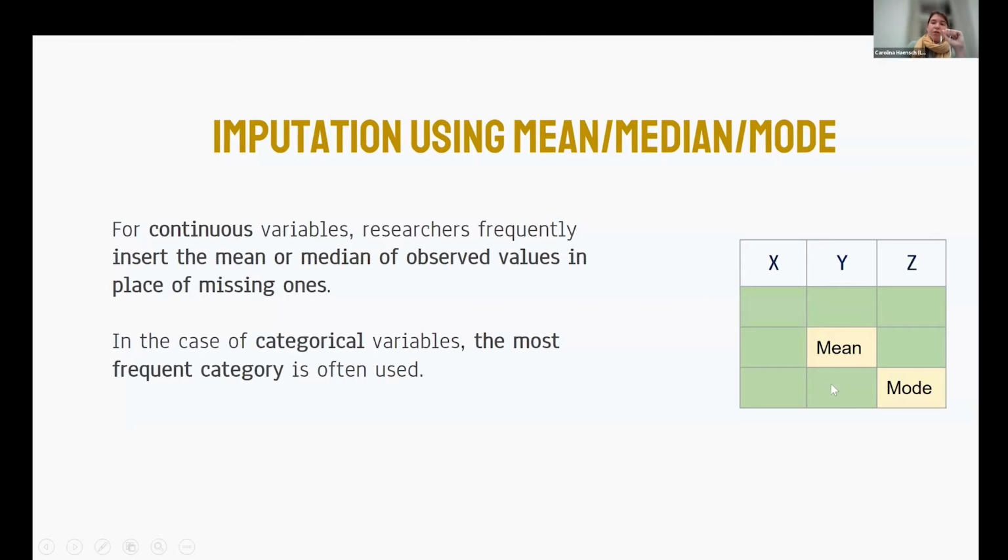So, for example, for the variable y here, we estimate the mean of y with the first and the third observation, and then from that we fill in the gap for the second observation. Or for the variable z, we take here the mode from the first two observations. And this is also an easy way of doing this.